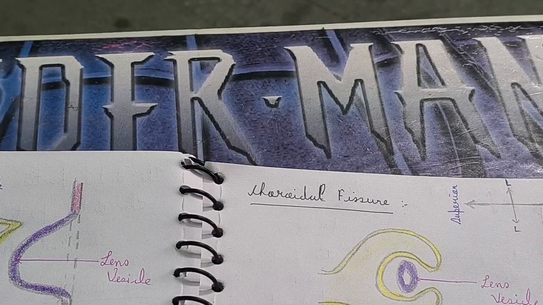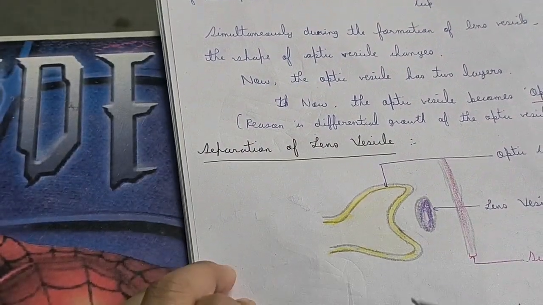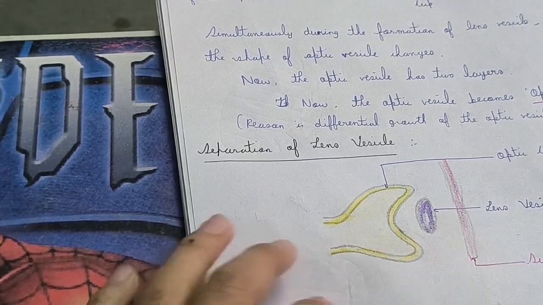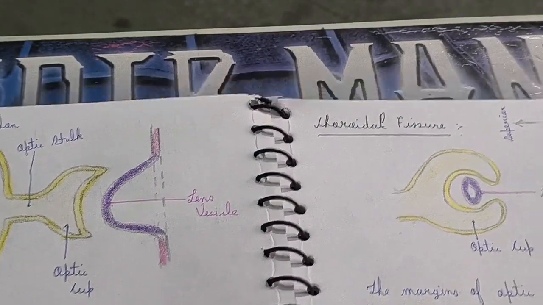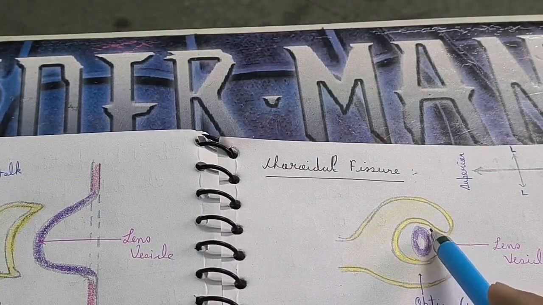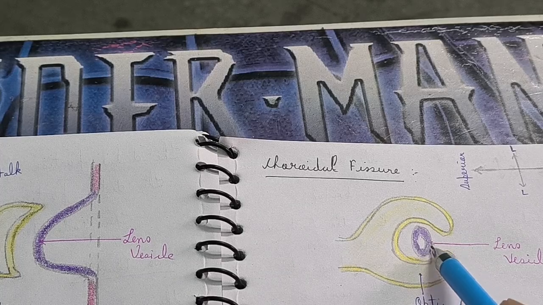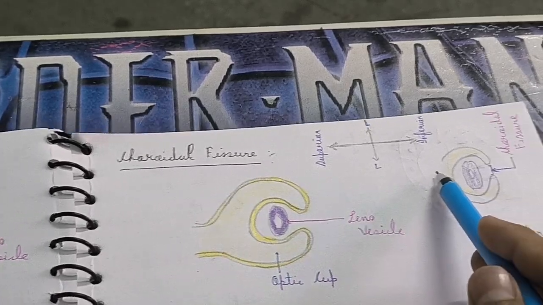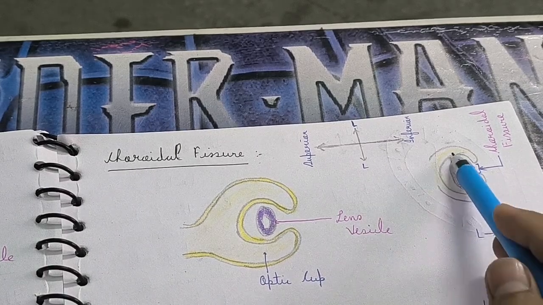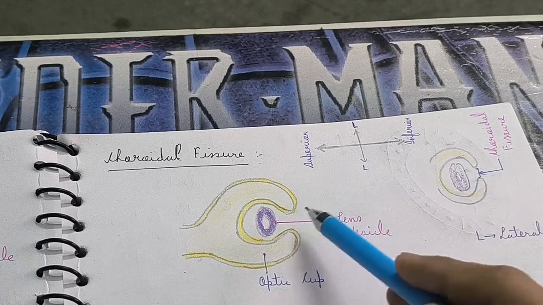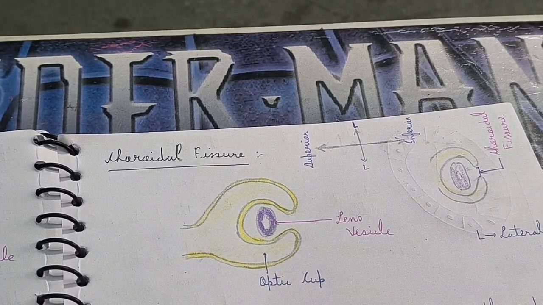Now you have to understand what the choroidal fissure is. Initially the optic cup is not enclosing the lens. Now you can see that the optic cup has started to enclose the lens vesicle completely from the superior surface and from both sides, but it has incompletely enclosed the lens vesicle from the inferior surface.